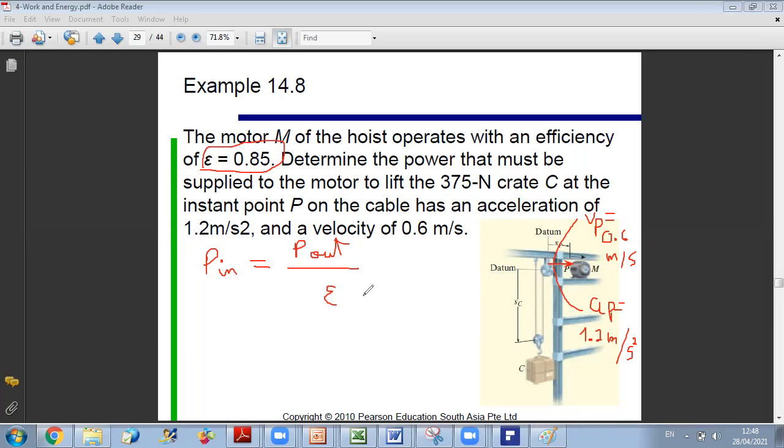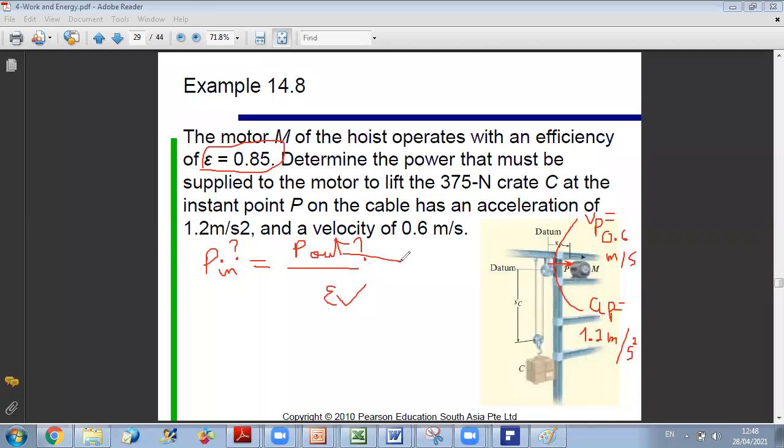So we know the efficiency, then to calculate P input, we need to find what is P output. So what is the useful power here? What is the purpose of the motor here? Why are we using the motor in this problem? To lift the box. Very good, to lift the box. So how can we write the output power? It's equal to what?